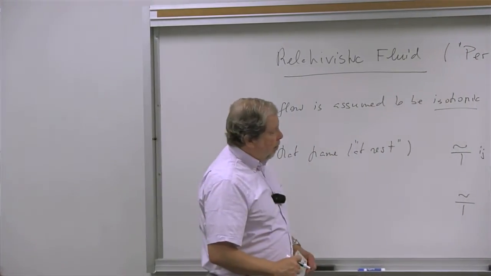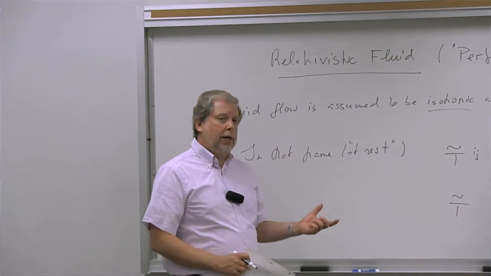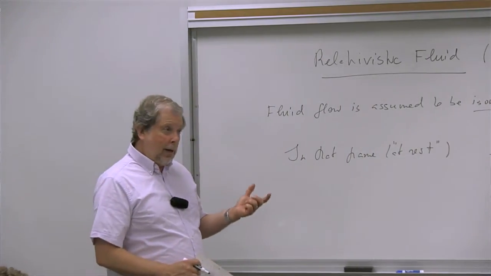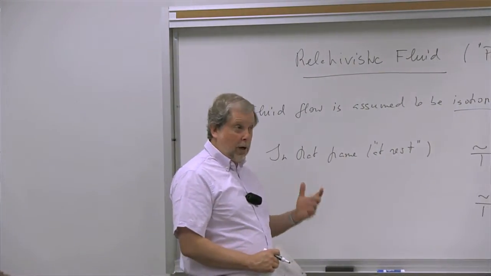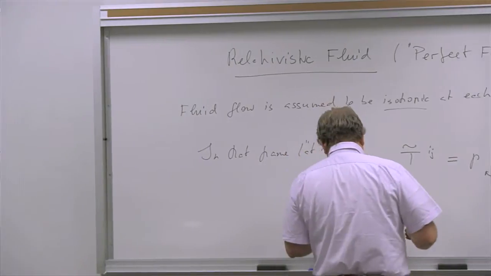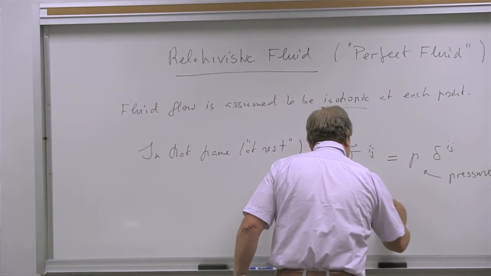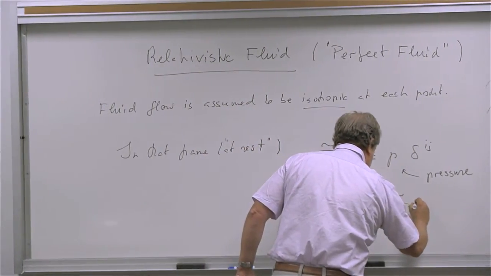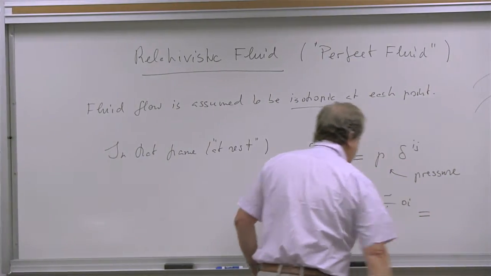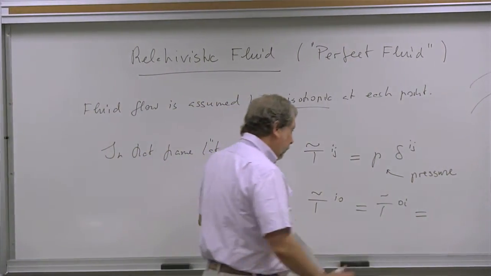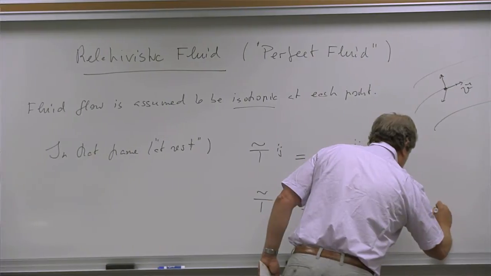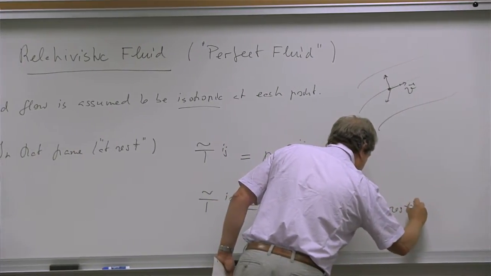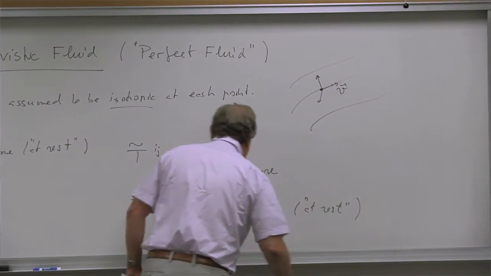And also, if the choice of reference frame is such that it is at rest with the fluid, then in that frame there is no velocity, and so that means that T̃0i and T̃i0 are supposed to be equal to 0. At rest again, right?